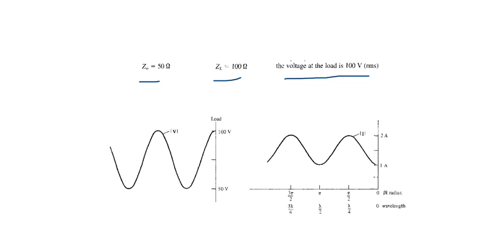Of course this is RMS value. So on the load the variation of this RMS value of voltage is varying like this. Here we are showing the magnitude is continuously varying in between, you can say, the 50 to the 100 volt.